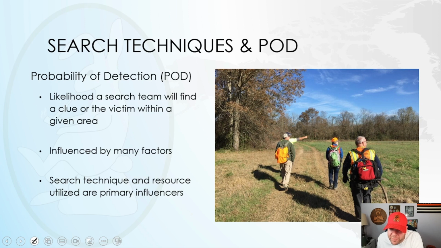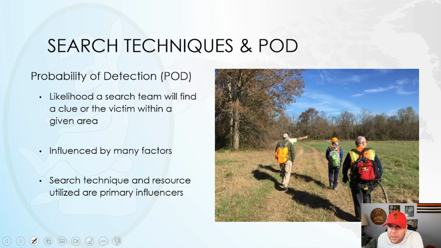I've been on some searches where we would cover a fairly large area, then we go back and I hear someone ask, would you feel like you had a 90% probability of detection? And well, no, maybe 30, and we searched pretty good and searched pretty hard to get that 30%. So it's one of those things where you really think very critically about what that figure means, because at the end of the day, that probability of detection figure is going to be used to determine whether or not we need to put additional resources into an area.